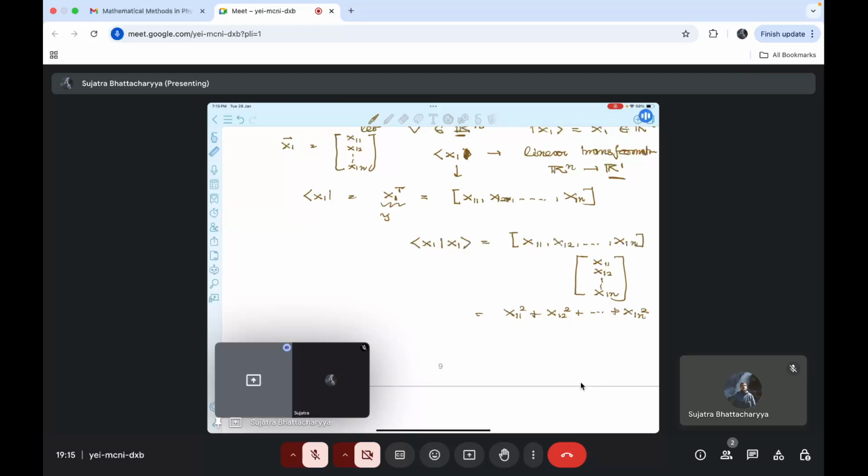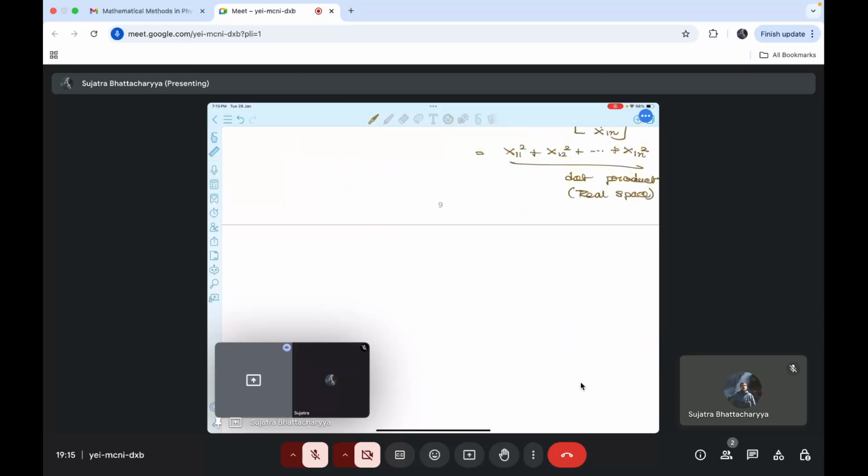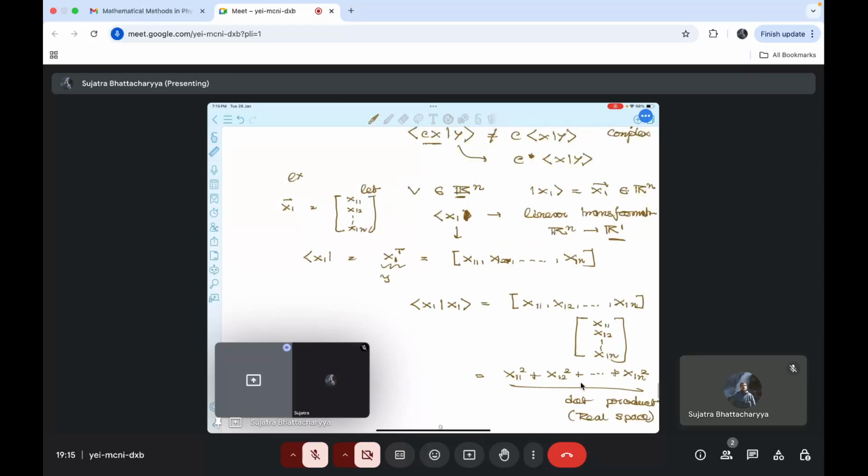So it is nothing but the dot product, because it is coming from the real space. This is the example for the real space.